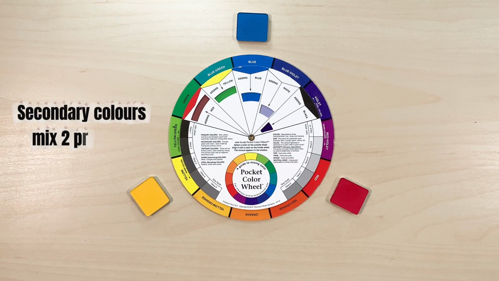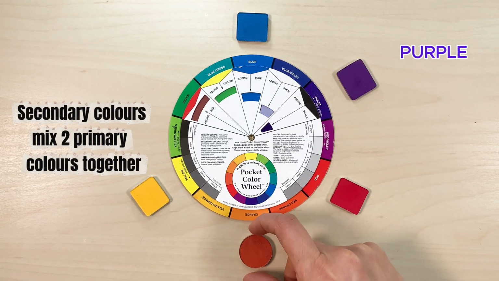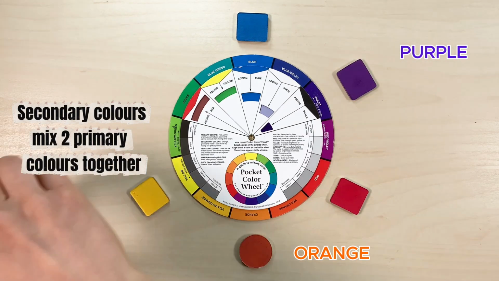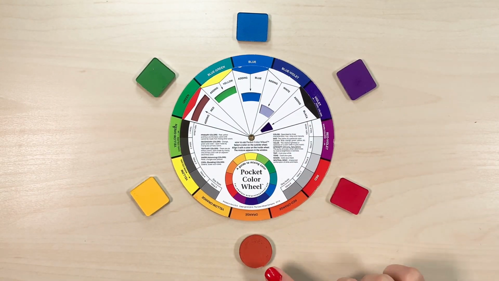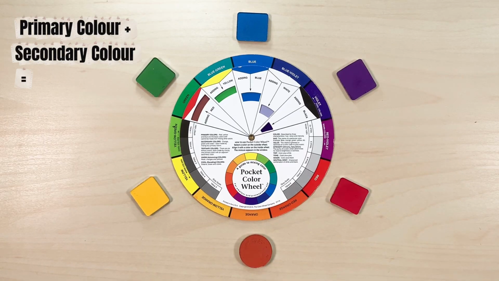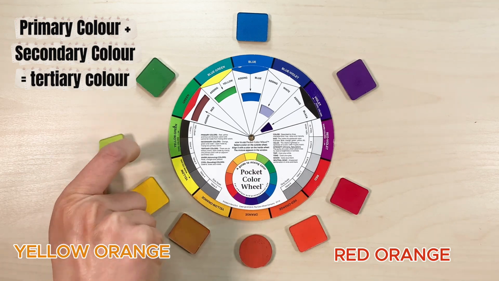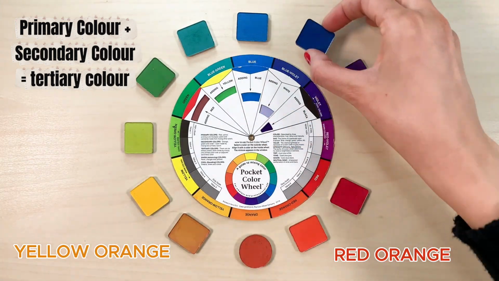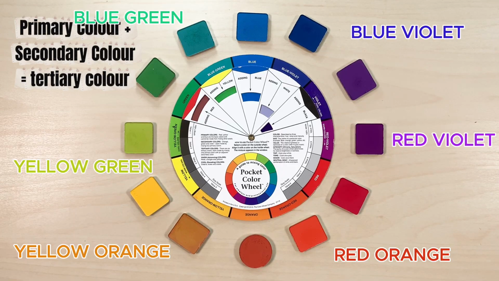Our secondary colors are colors that we can create by mixing two primary colors. So these are purple, orange, and green. Secondary colors are actually very powerful in designing makeup looks. By mixing a primary color and a secondary color, we get a tertiary color. So these colors are the red orange, yellow green, blue violet, and the red violet.